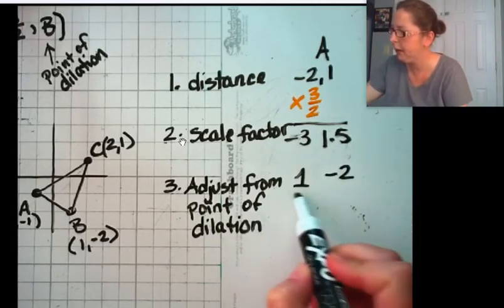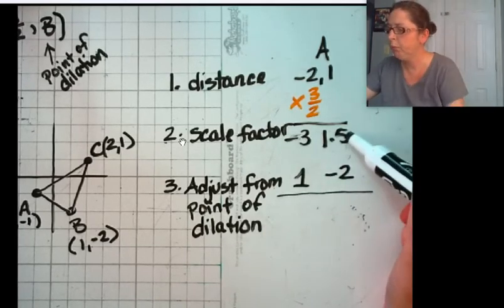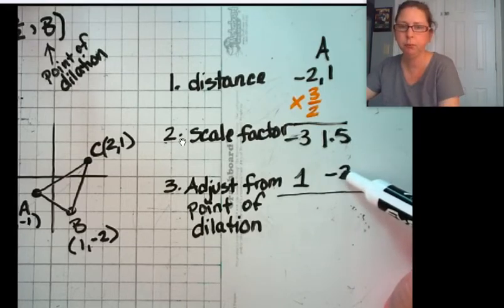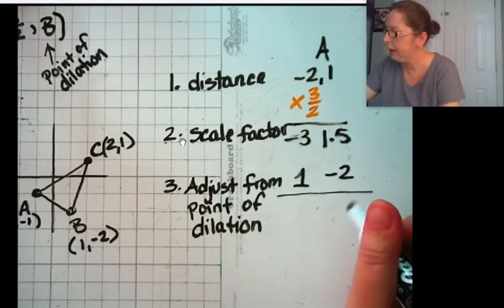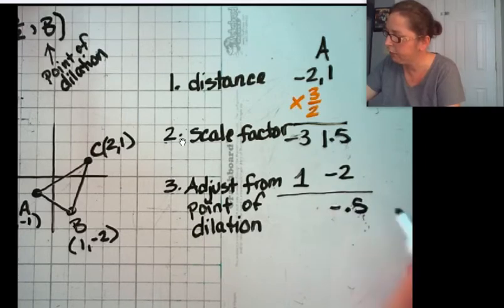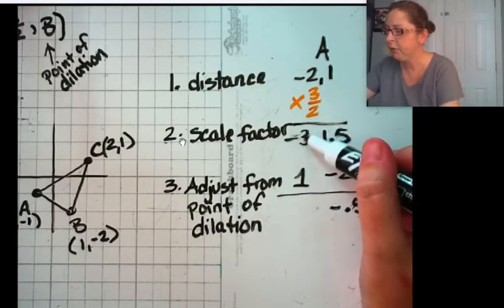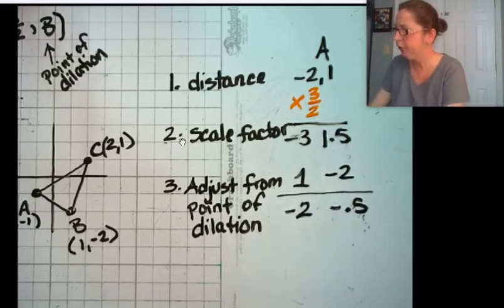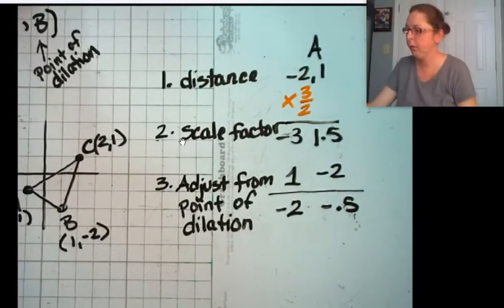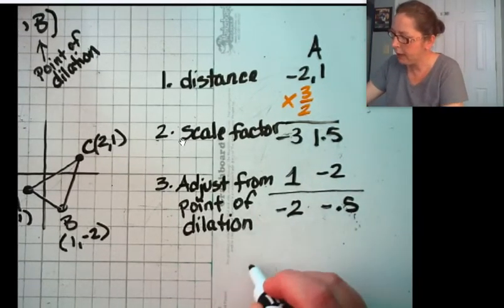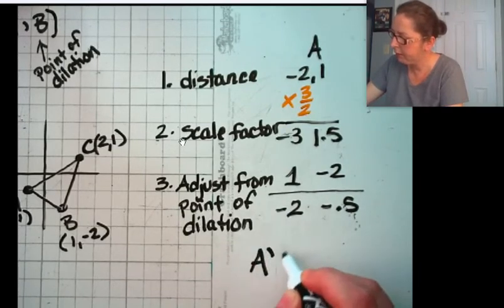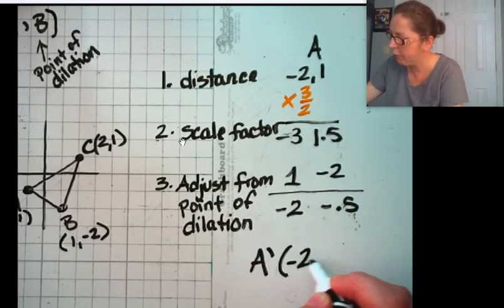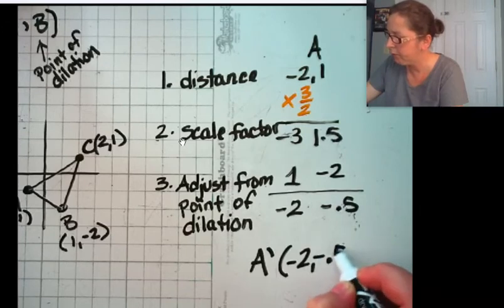That's point B. So it's 1.5 minus 2. It is negative 0.5. And then what is negative 3 plus 1? And that is negative 2. Okay, so my A prime is going to be at negative 2, comma, negative 0.5.